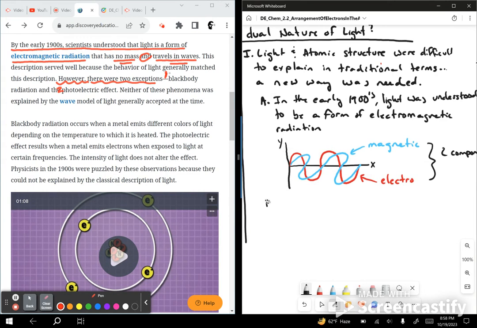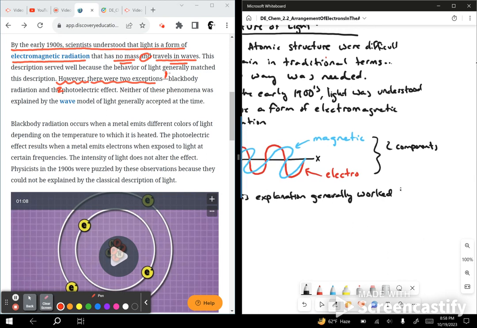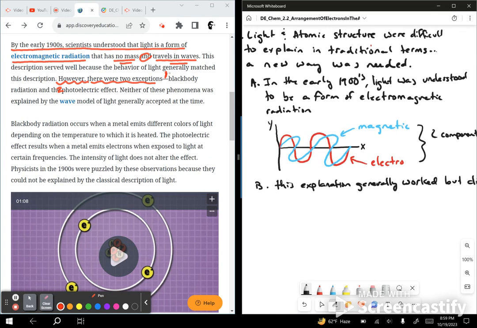Okay. Now, let's put letter B here. This description worked pretty good, but it did not explain everything. Generally worked, but didn't explain two things.